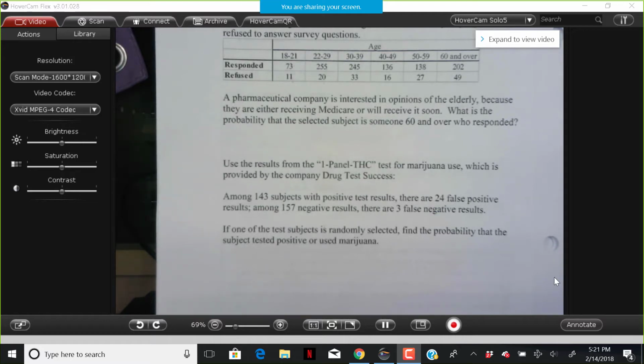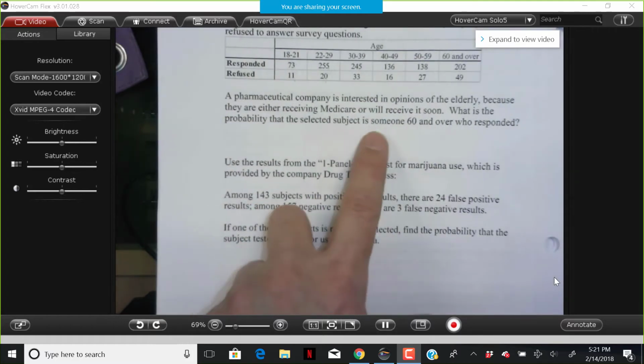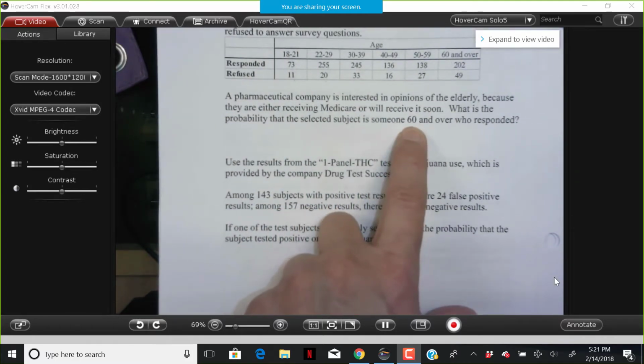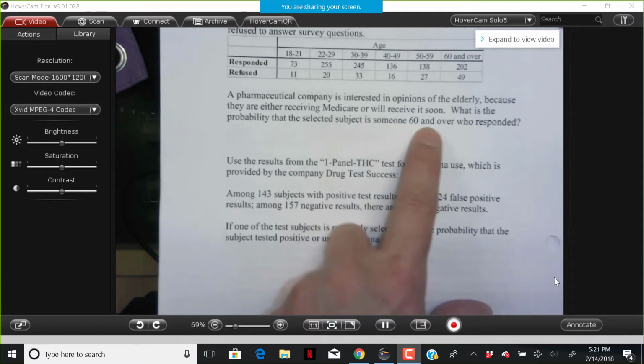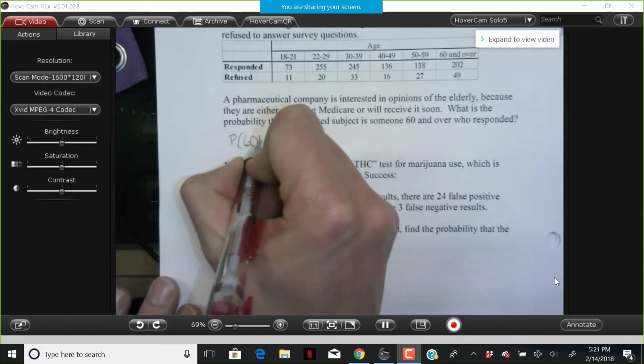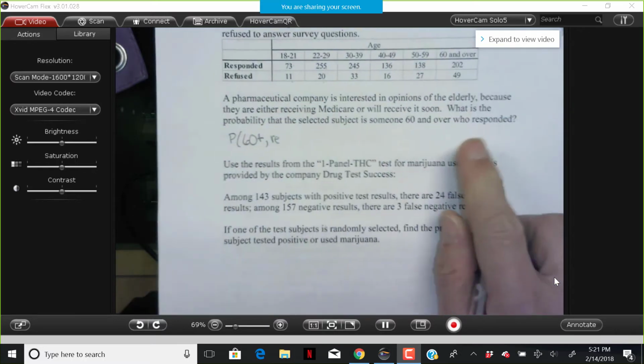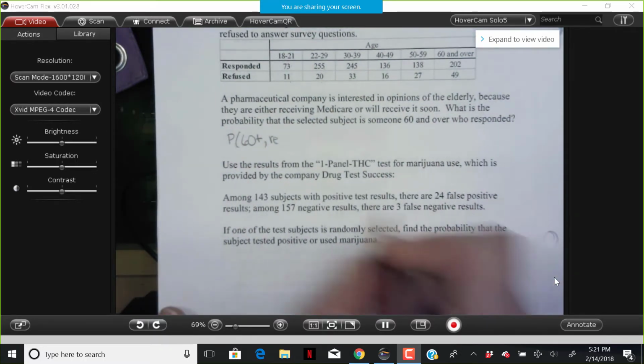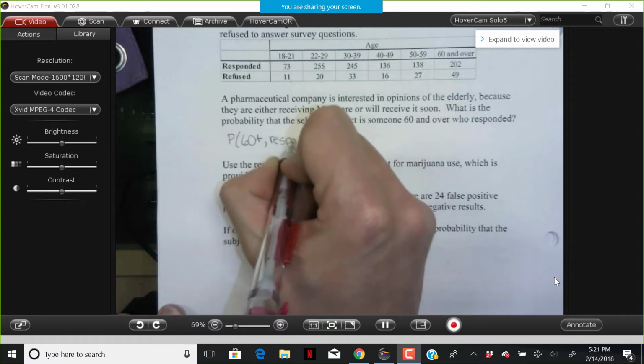So it says, a pharmaceutical company is interested in opinions of the elderly because they are either receiving Medicare or will receive it soon. What is the probability that the selected subject is someone 60 and over who responded? So probability 60 plus, and they're not saying or responded, 60 and over, they responded.